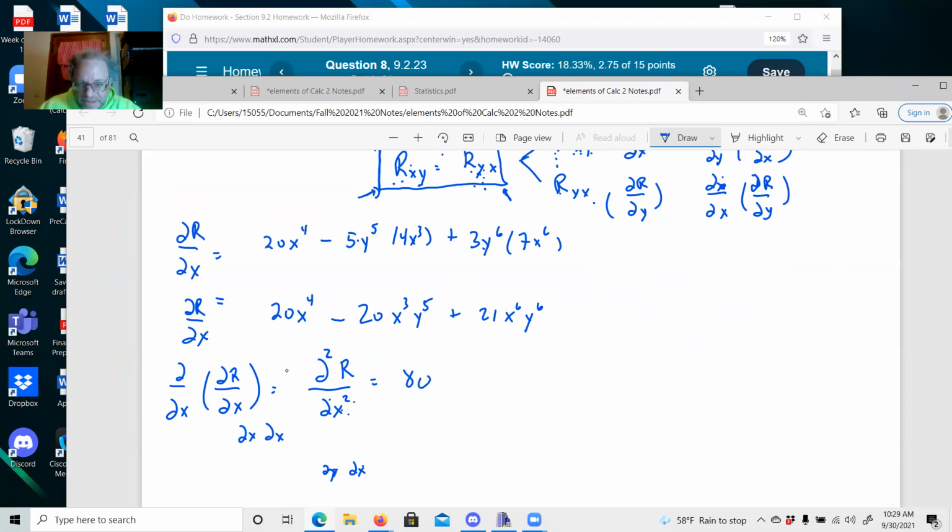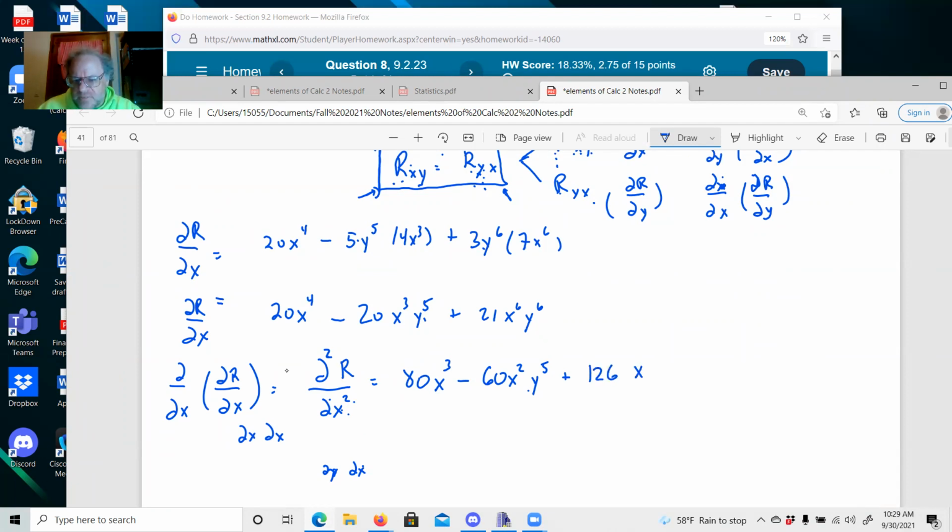So 80x cubed, minus, remember this is a constant, so this 3 comes down, so it's going to be minus 60x squared y to the fifth, don't touch this, and then 21 times 6, that's going to be 126, I believe.